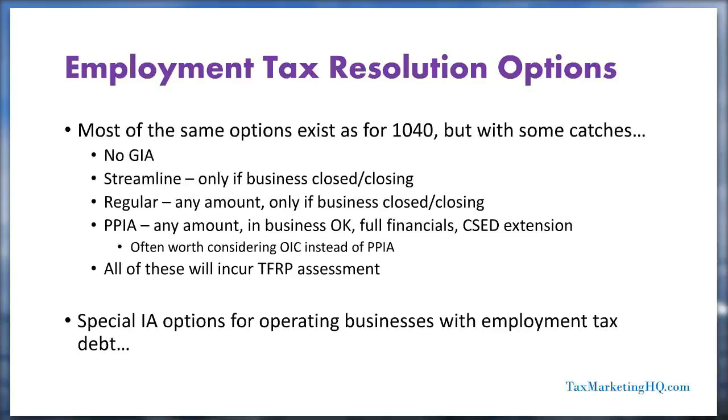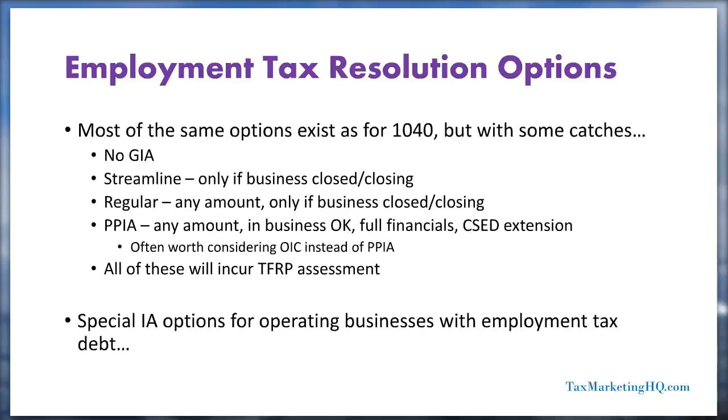Streamline criteria are available. Streamline programs are normally available for individual income tax as well as business income tax, but they're also available for an out-of-business trust fund liability.